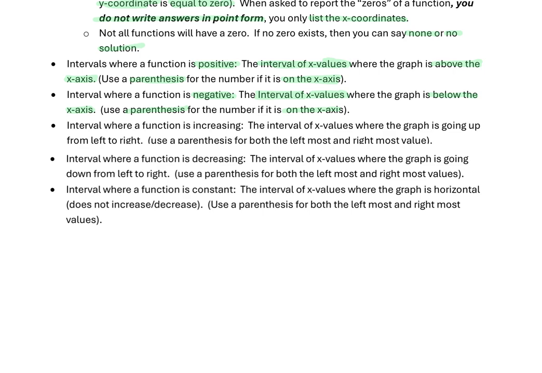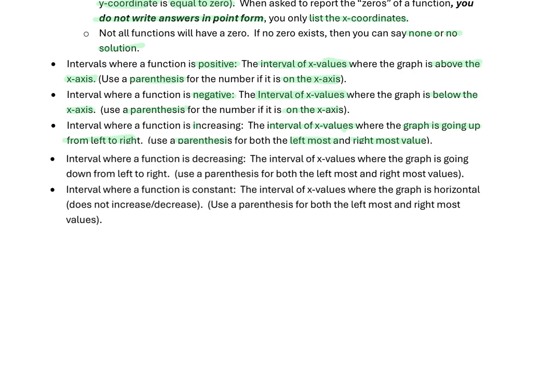We also talked about intervals where a function is increasing. Remember that this is the interval of x values where the graph is going up from left to right. We use parentheses for all of these. We will never use square brackets, and we will use parentheses for both the leftmost and rightmost values.